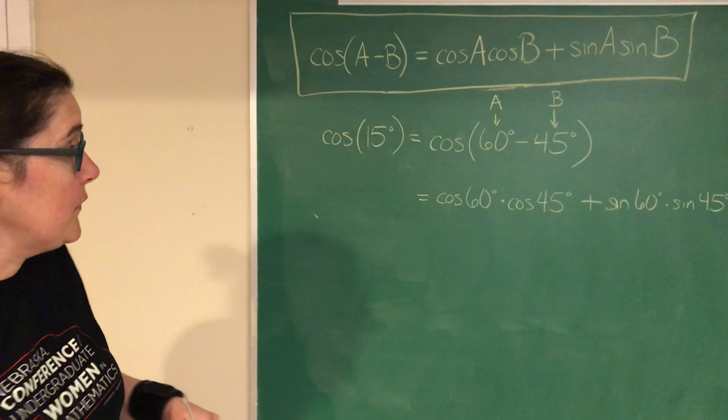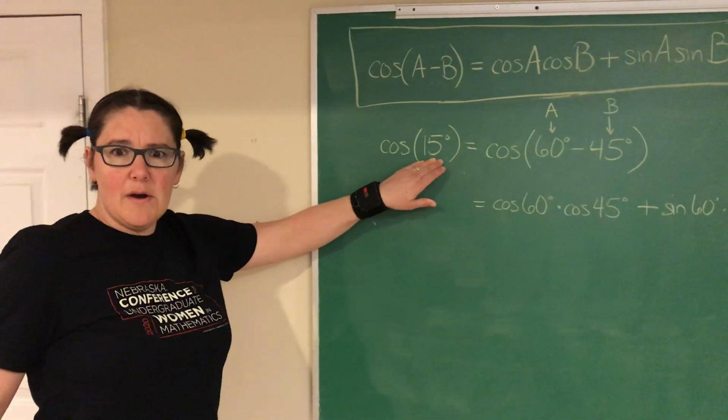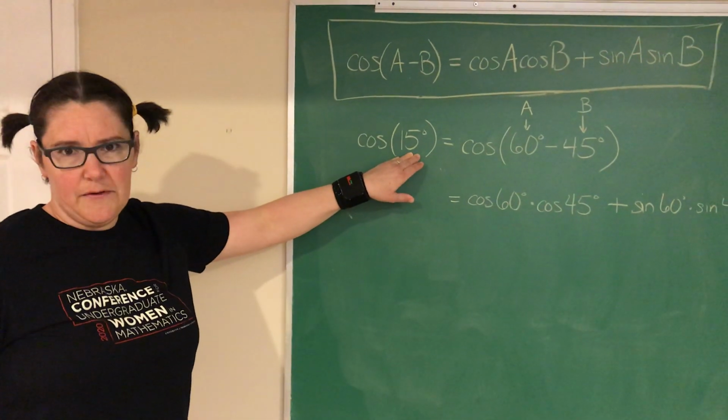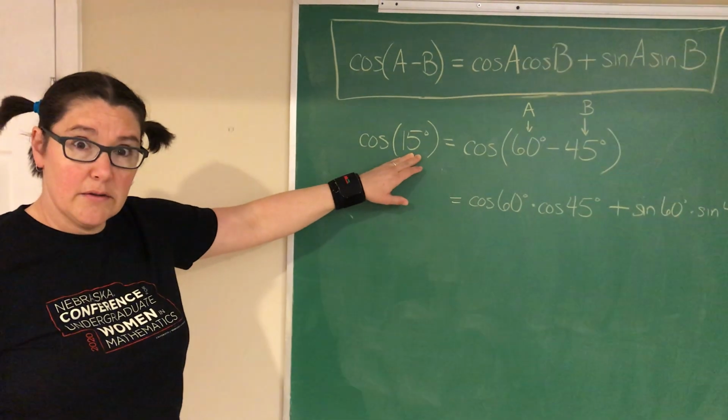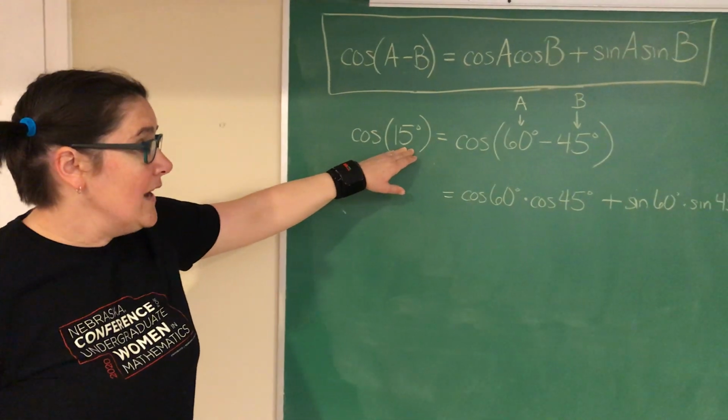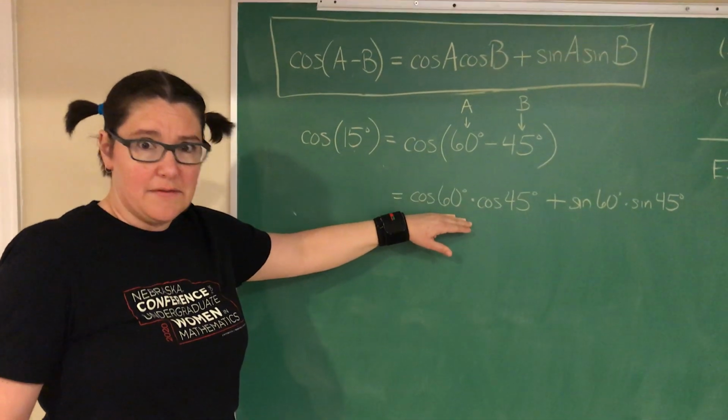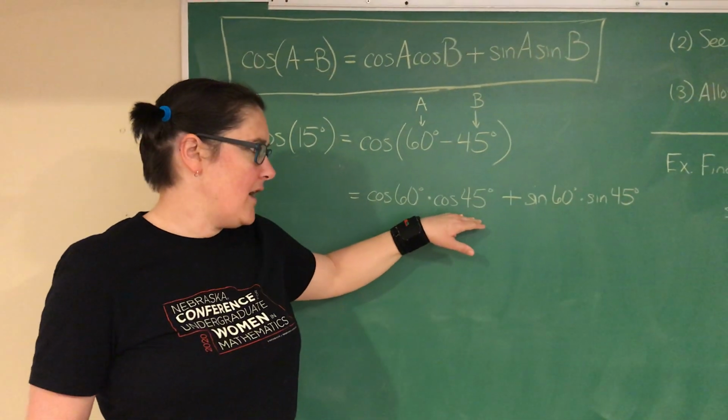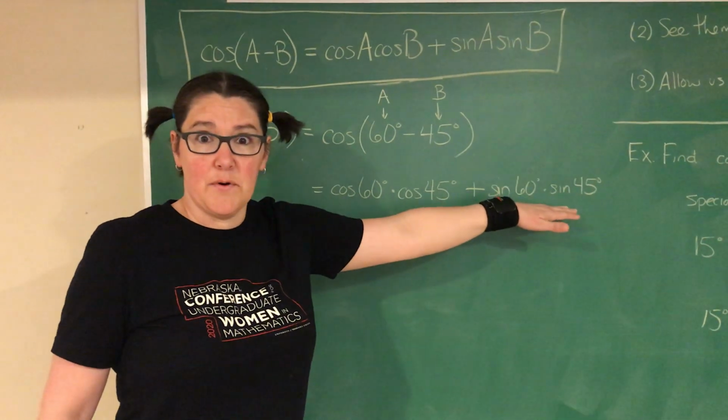So this is actually kind of cool because I have no idea how to calculate the cosine of 15 degrees from one of our triangles, but what I do know is I can figure out the cosine of 60, the cosine of 45, the sine of 60, and the sine of 45.